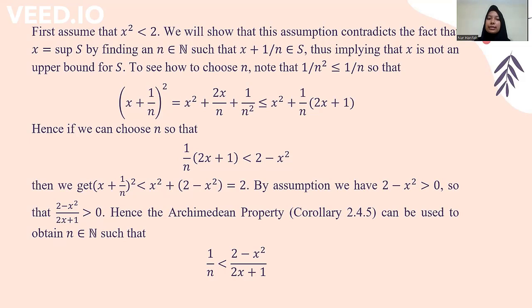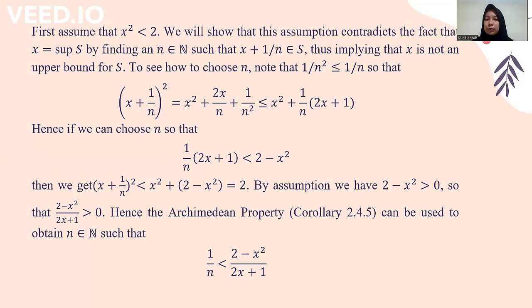then we get (x plus 1 over n) squared is less than x squared plus 2 minus x squared, which is equal to 2. By assumption, we have 2 minus x squared is greater than 0, so that (2 minus x squared) over (2x plus 1) is greater than 0.